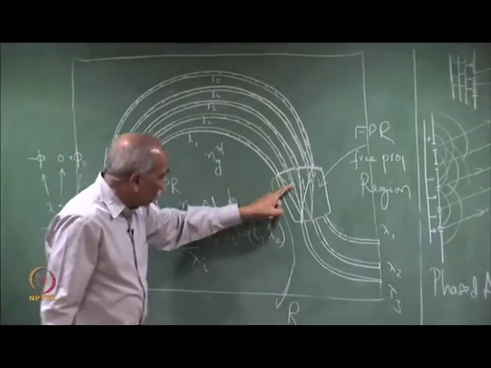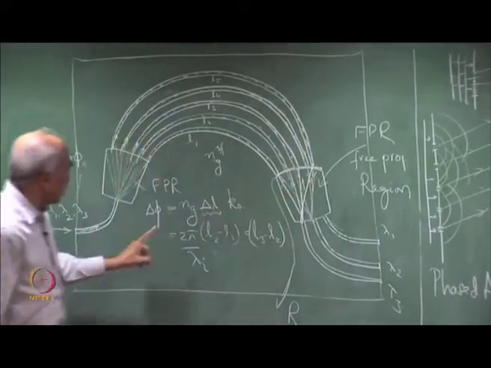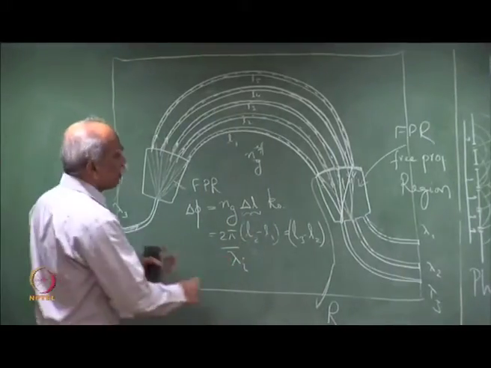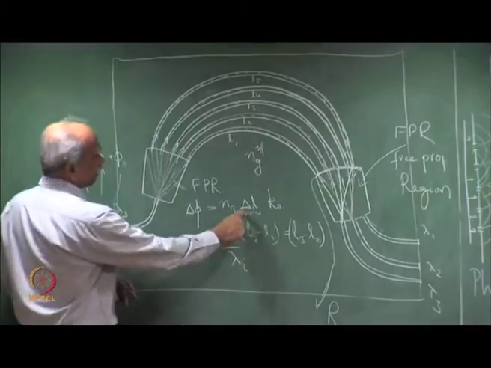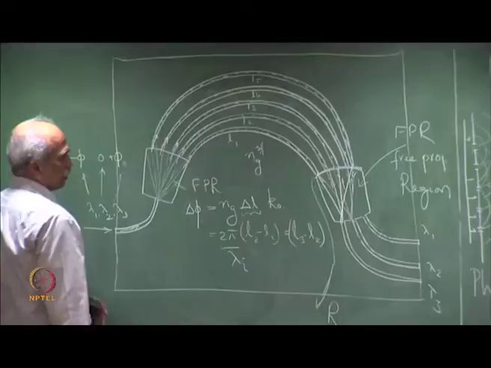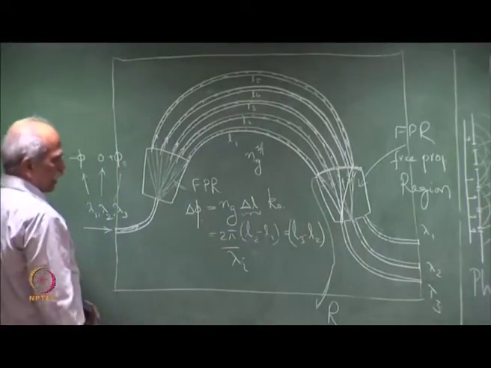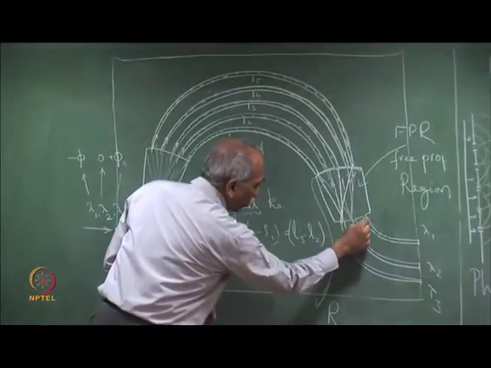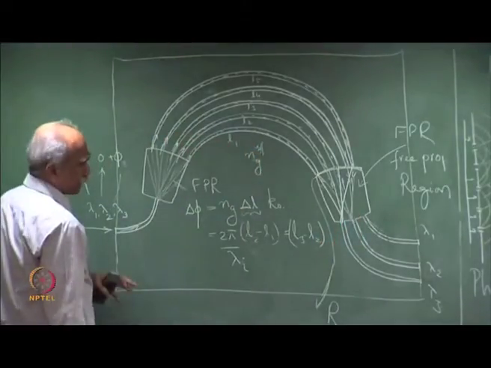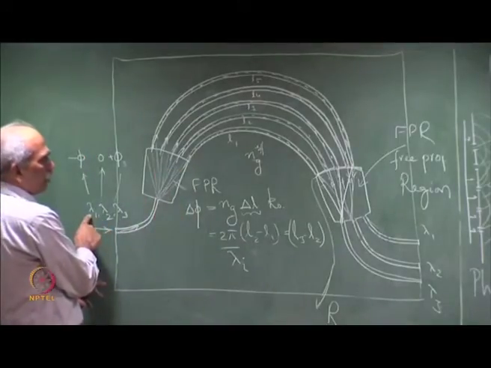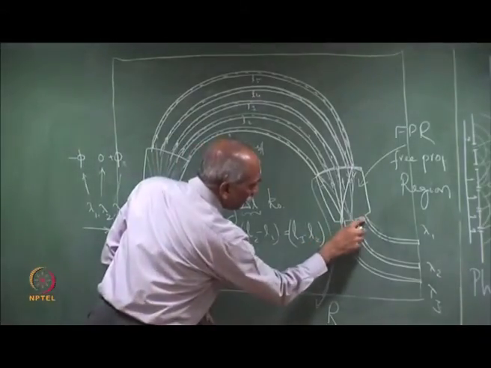Now, phi or minus phi is determined by the wavelength. So, one can choose delta L, that is the structure design. Delta L and the positions of the output waveguides are chosen such that at wavelength lambda 1 all of them focus here.